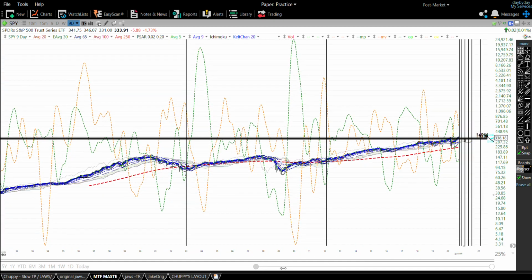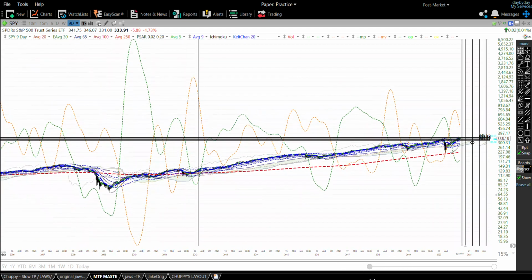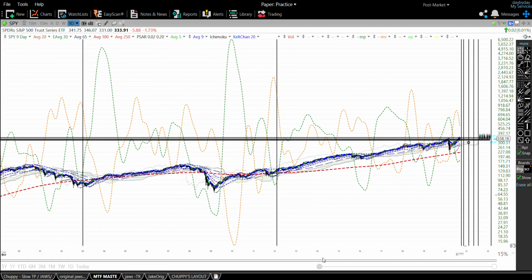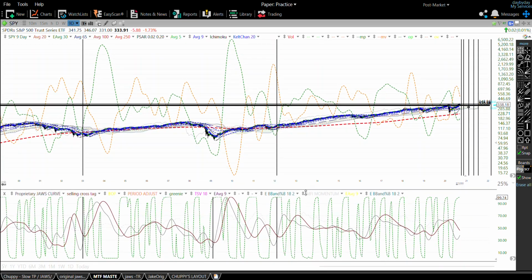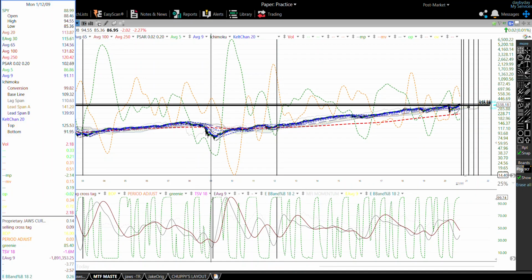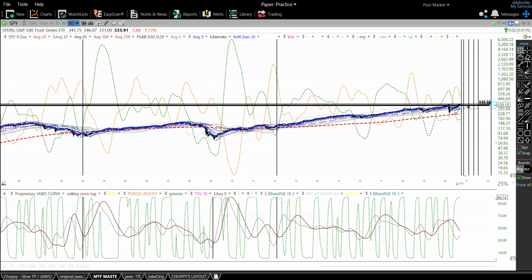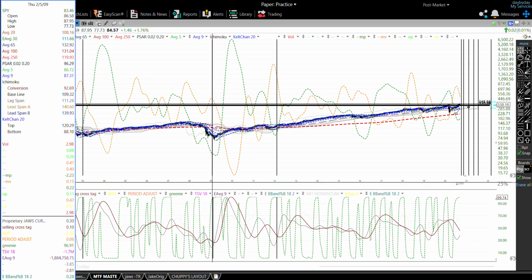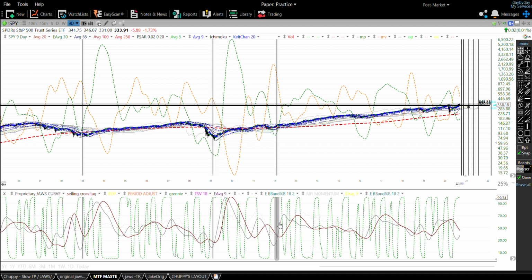Oh, yes, I had this other one right here in 2009 where I didn't draw the vertical line on top, but you could see it matches up right around there, which again, this case had a V bottom of sorts and then had an up wave.